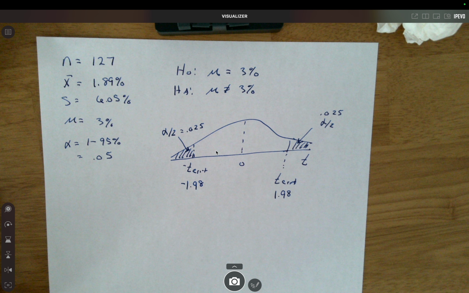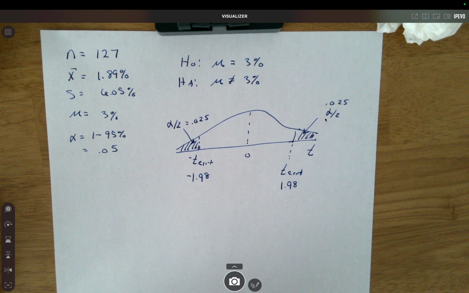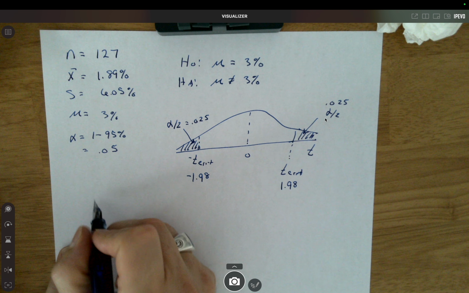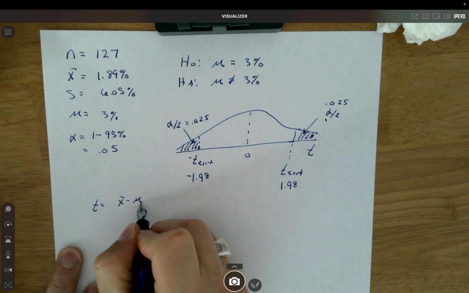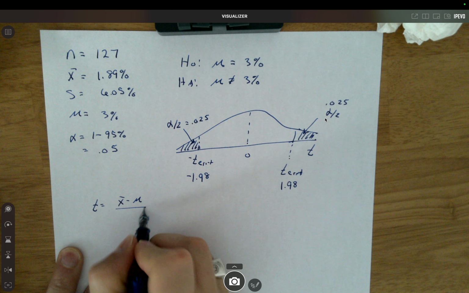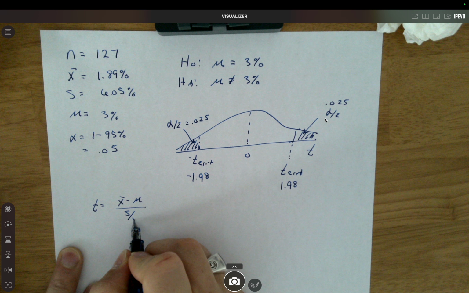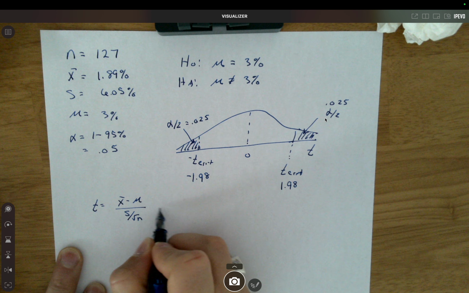If the test statistic that we calculate using the sample mean, the sample standard deviation, the sample size, and what they're claiming to be true is more negative than this or more positive than this, we're going to reject the claim. So let's calculate the test statistic. Our t-stat, remember, is x bar minus mu, what they're claiming to be true, divided by s over the square root of n.